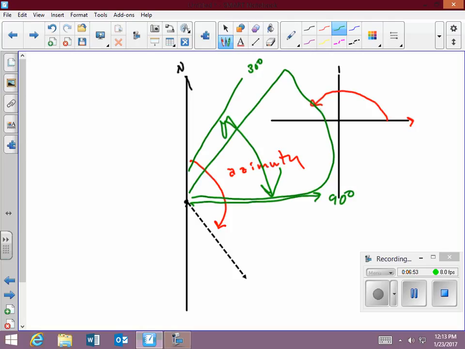So I got to remember, because I have taught trig, that I'm going from north to the right to get to 90, not north to the left, or from horizontal up. It takes me a little while sometimes to remember what to tell it.